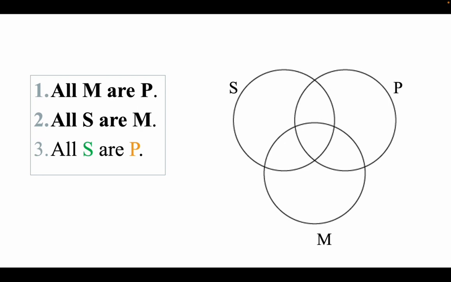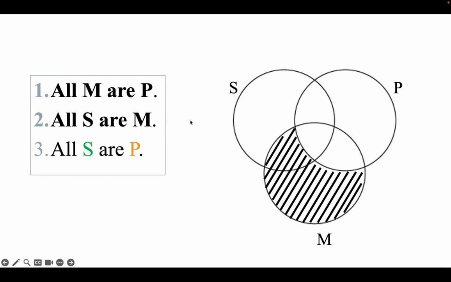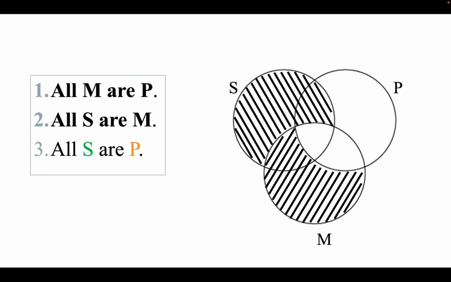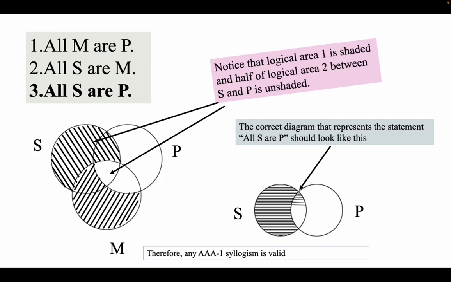Let's start with premise 1. All M are P. You shade logical area 1 in M. Then you diagram the second premise, which is also an A form. All S are M. And now you have to ask yourself whether the conclusion is diagrammed.